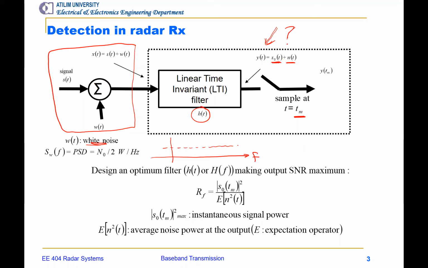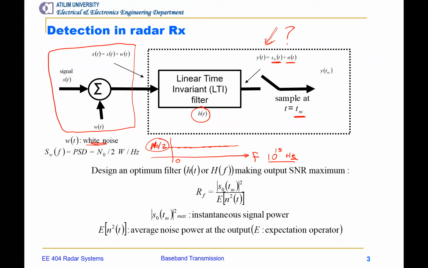So whatever the frequency we have the operating frequency, we always get the same noise power. That's called white noise. Here, white refers to the fact that the noise has equal power over all frequencies, typically from 0 hertz to some 10 to the 15 hertz, which covers radar operational bands.